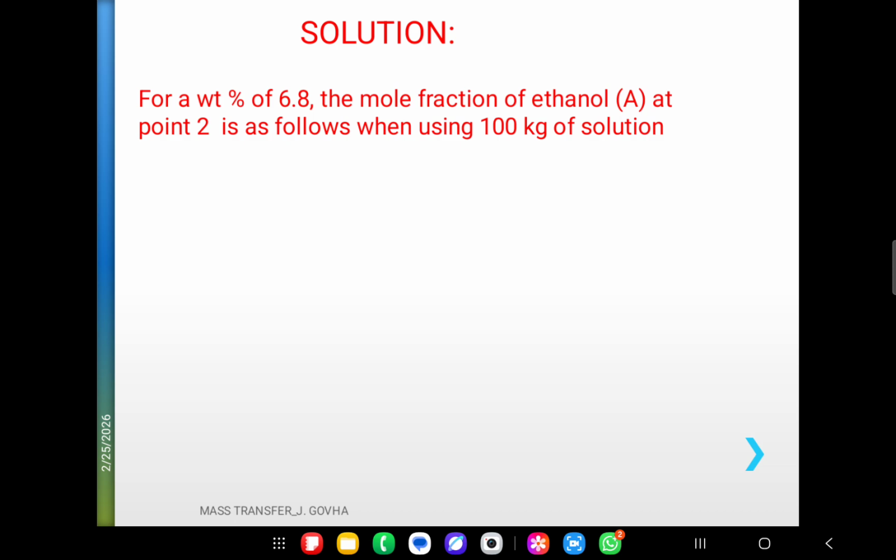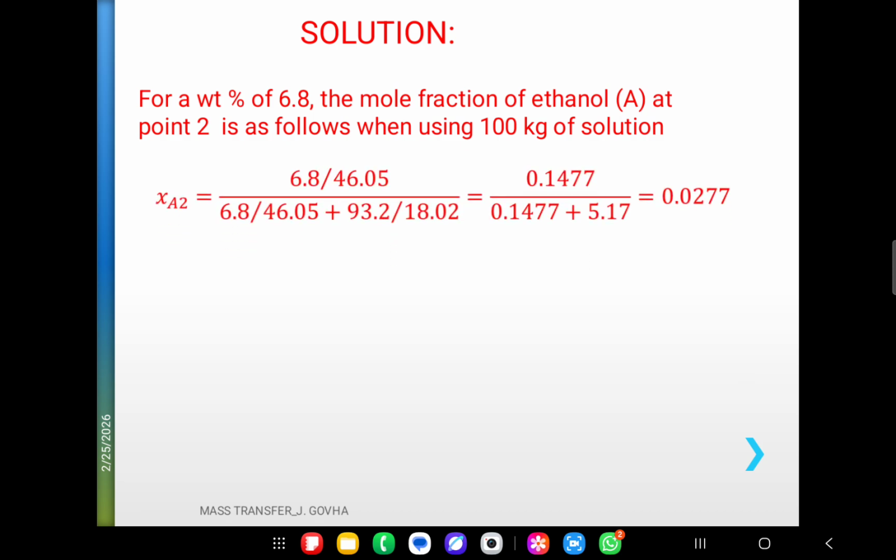To get there, we just divide the weight by the molecular mass, as indicated in that equation. At point 2 we are told that the weight percent is 6.8, so we take the 6.8 divided by 46.02.